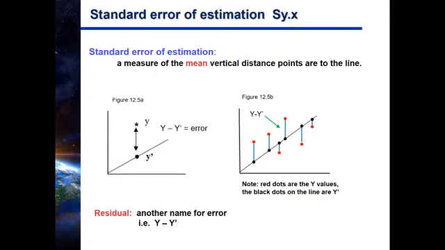But remember, averages can take on different values depending on whether you calculate mean, median, or mode. Those are the ones you learned about. So Sy.x uses the mean. All right. So it's calculating the mean vertical distance that points are to the line, which is basically saying the average amount of scatter.